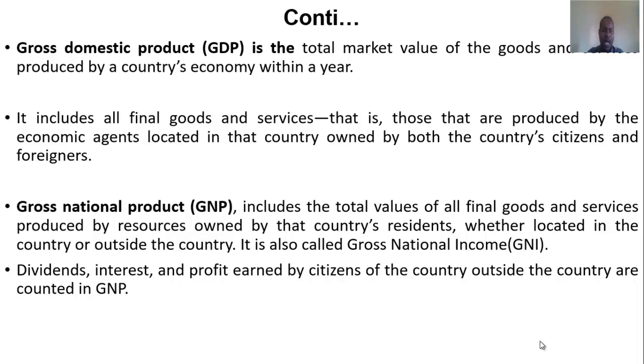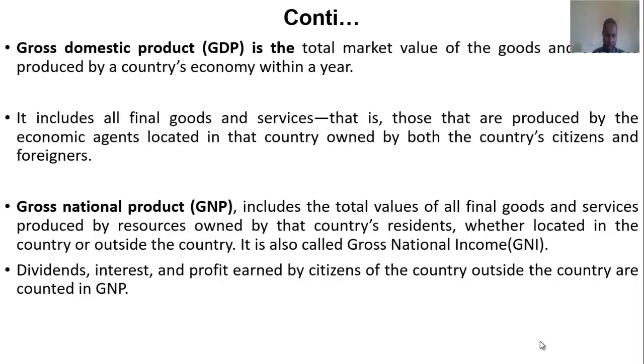On the other hand, gross national product, or GNP, includes the total values of all final goods and services produced by resources owned by that country's residents, whether located in the country or outside the country. It is also called gross national income.